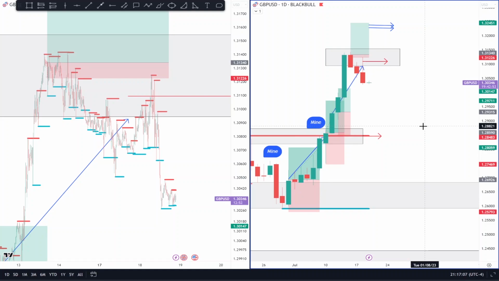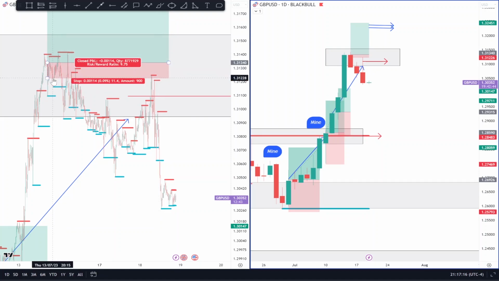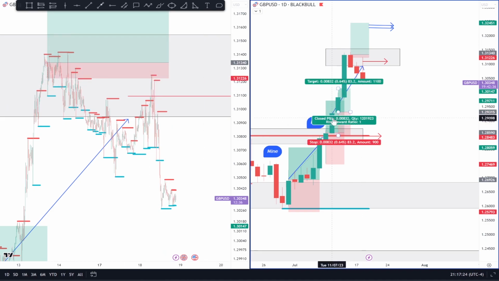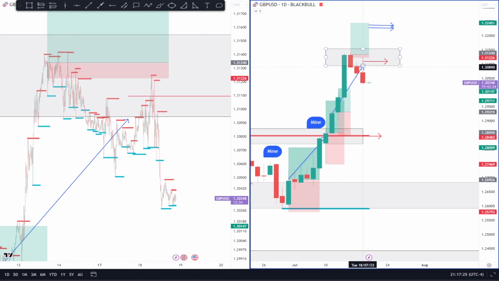Pound USD, I closed this one also at break even yesterday. So I hit my alerts. I had an alert in this area, and it came up right to that before falling. Very lucky. The second strategy is closed here into a sell.